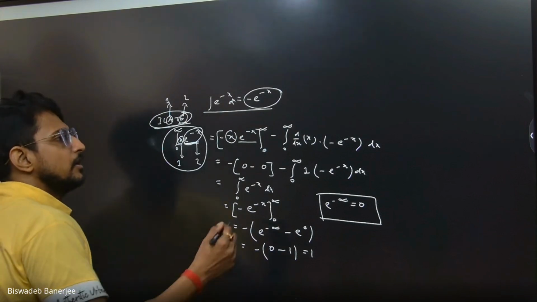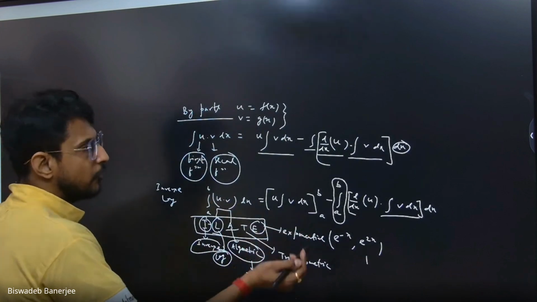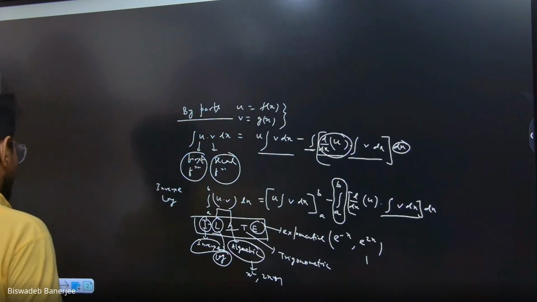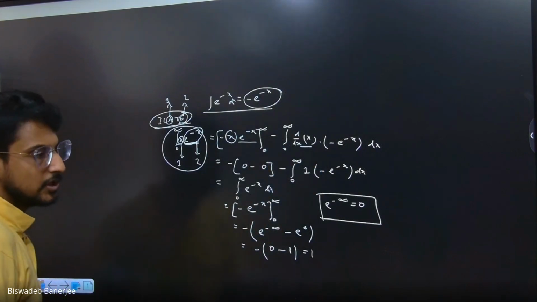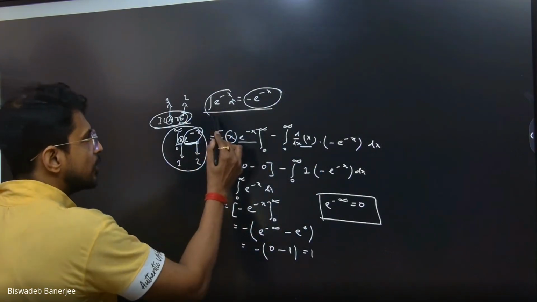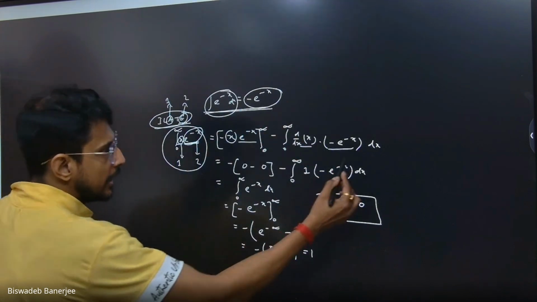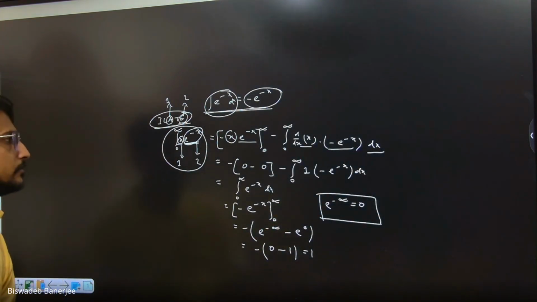Minus, according to my formula, look at the formula. The formula is the integration of d/dx of the first function, then the integration of the second function, then dx, by this rule.